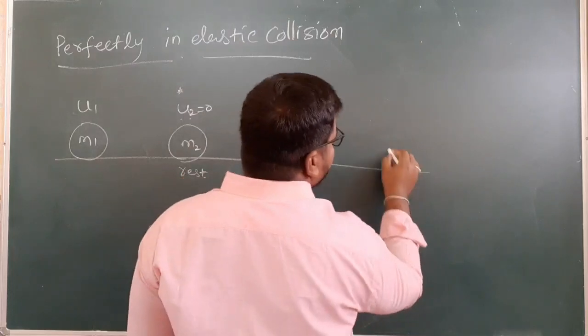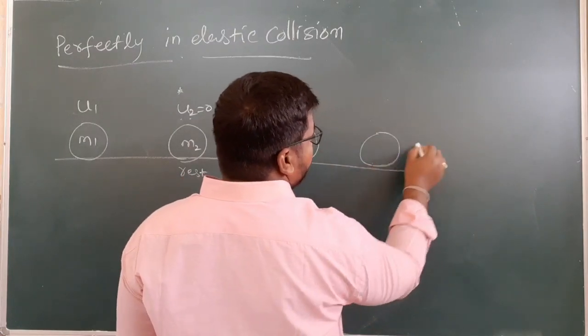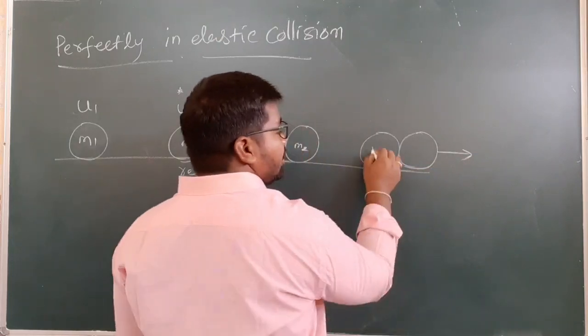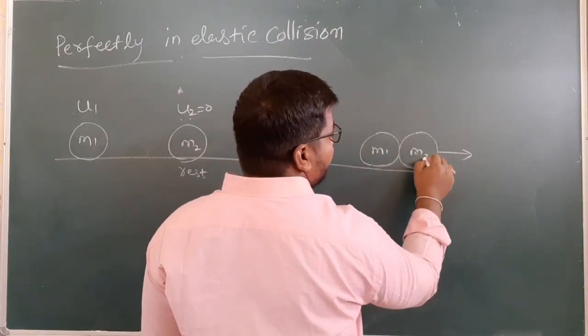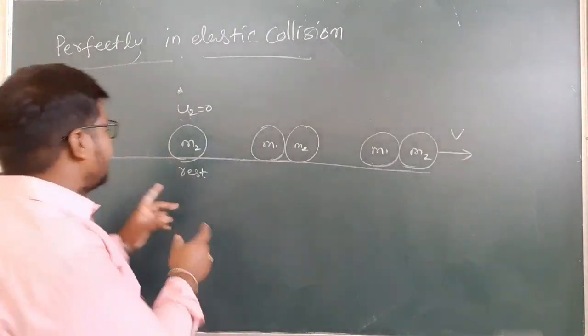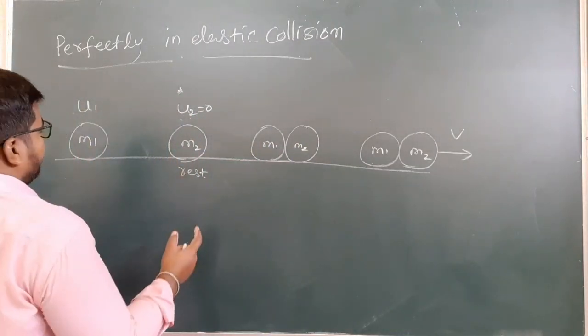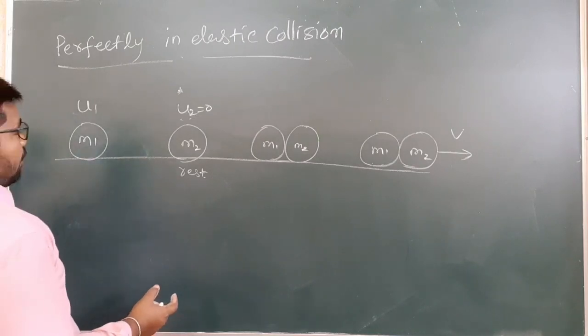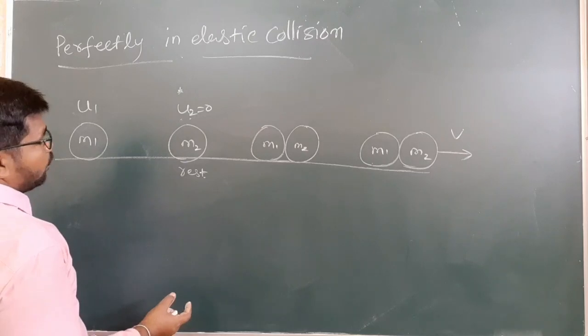After collision these two bodies stick together, moving with the same velocity. Understand here, two bodies. The first body has velocity u1, so the body moves towards m2.